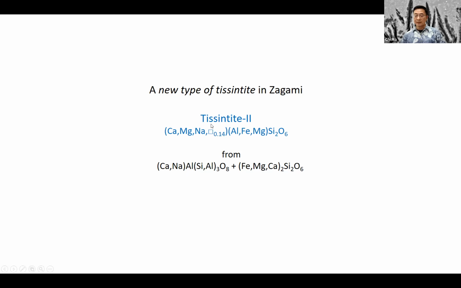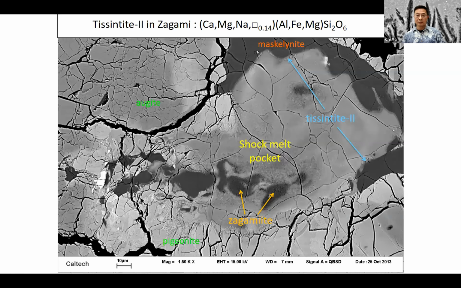That's why this is a special tissintite. The type tissintite has a composition of just feldspar. This tissintite 2 occurs in Zagami within this shock melt pocket here.